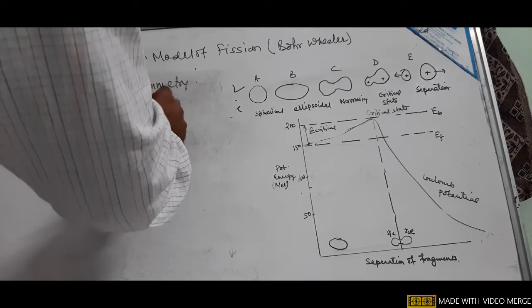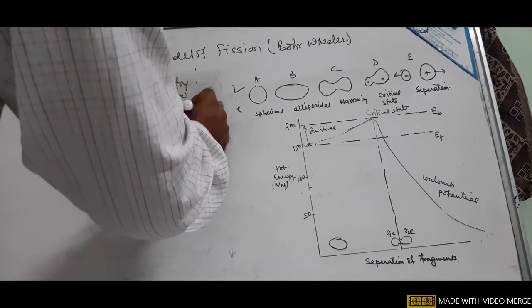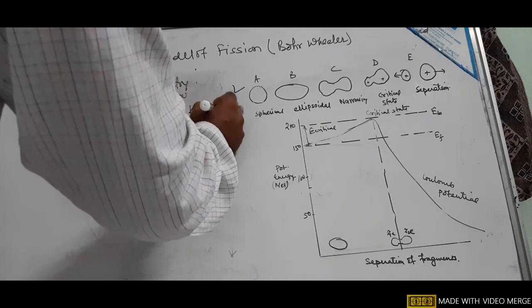r0 times 1 plus the summation over L equal to 0 to infinity of BL PL cos theta.